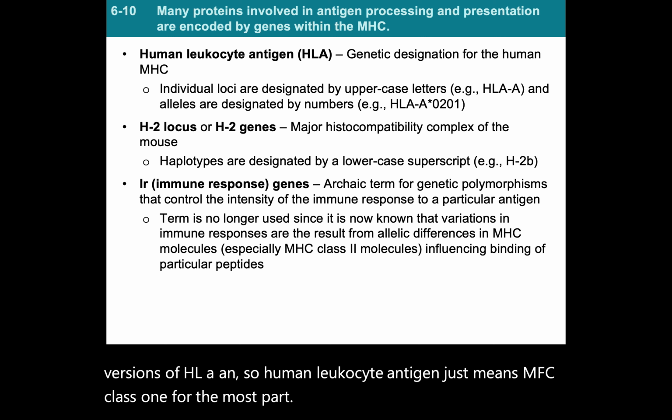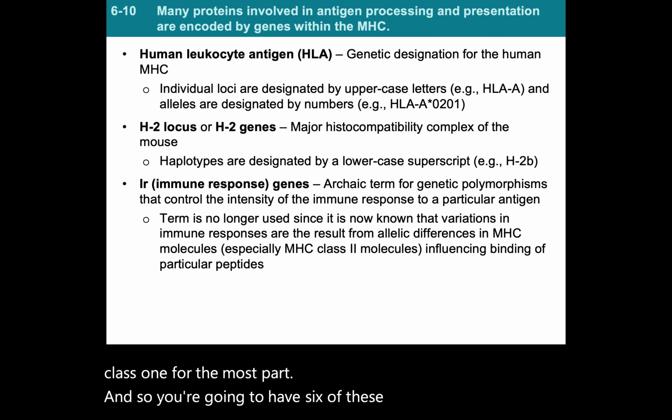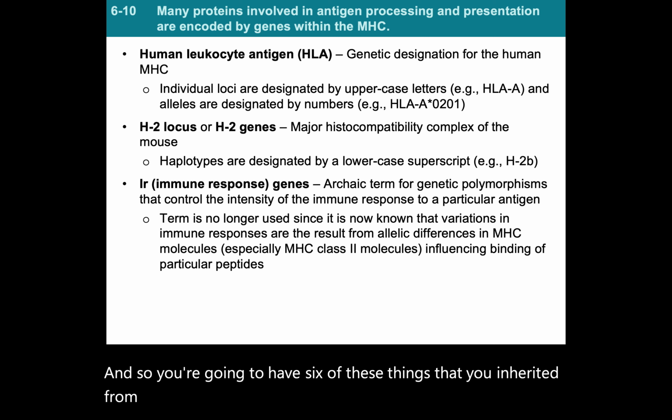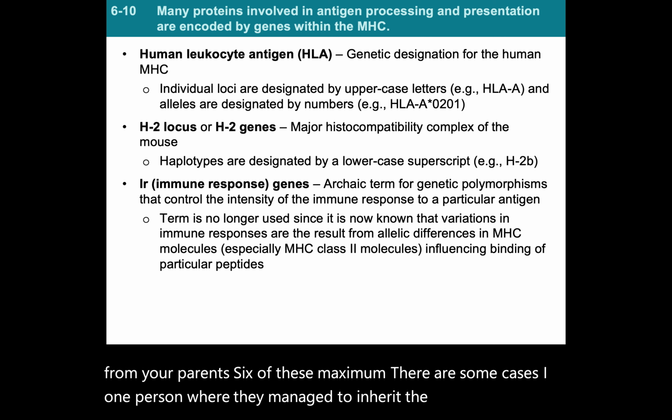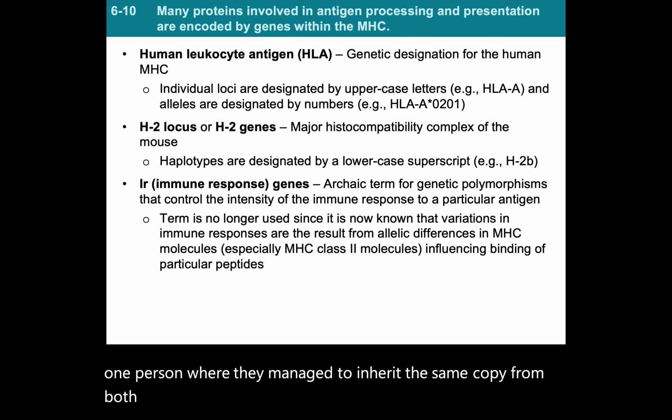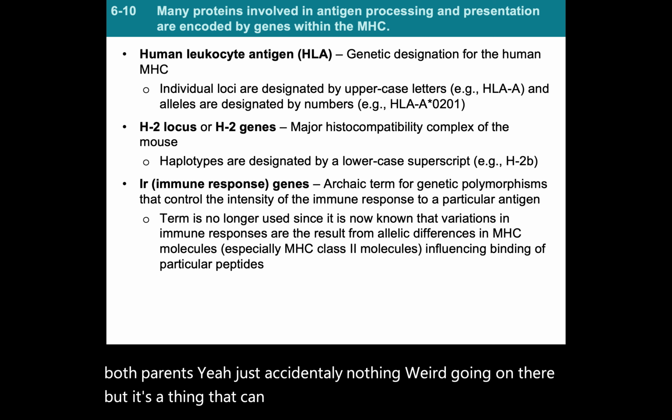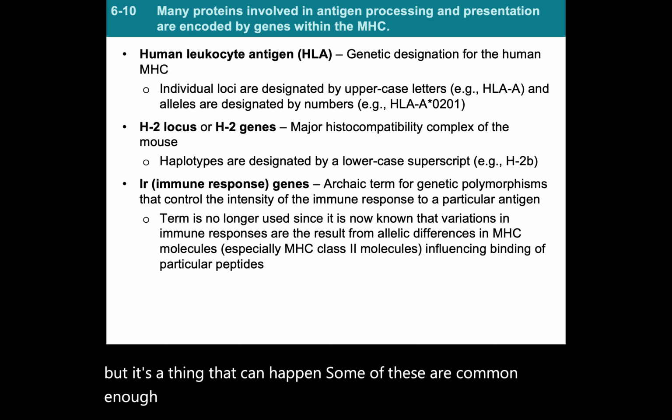And so you're going to have 6 of these things that you inherited from your parents. 6 of these maximum. There are some cases, I actually know one person where they managed to inherit the same copy from both parents. Just accidentally, nothing weird going on there, but it's a thing that can happen. Some of these are common enough that it is certainly possible for that to happen.